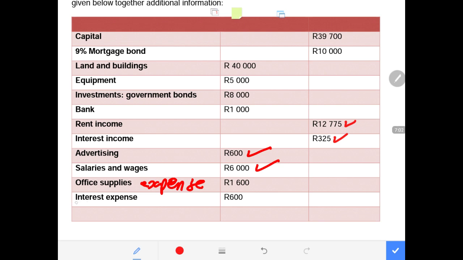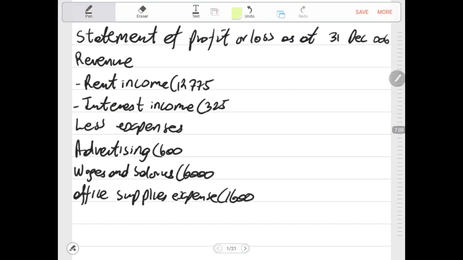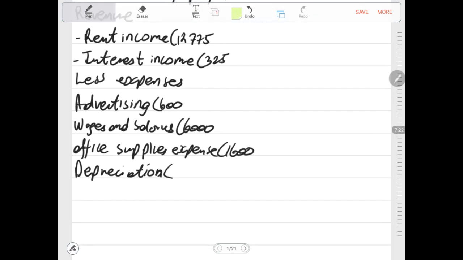Then we have interest expense, or let me start with the depreciation because it's very likely that there might be a depreciation. So I just want to make provision for depreciation. The depreciation provision that I will make will depend on the adjustment.